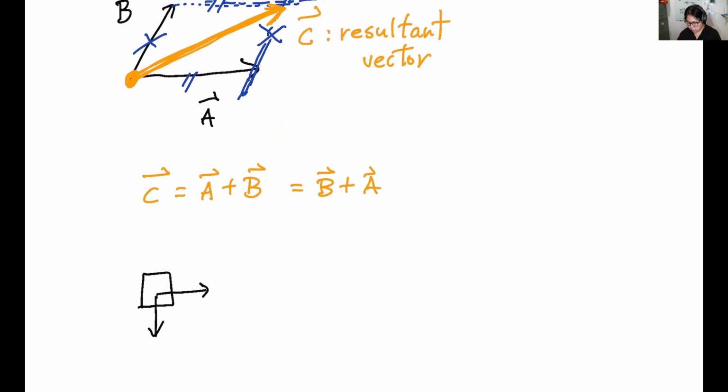Then the resultant of the two forces, adding these two, is going to be like this. This is going to be the resultant. This is going to be A and B. And this is going to be C, which is A plus B.